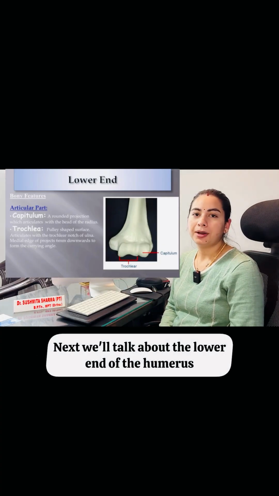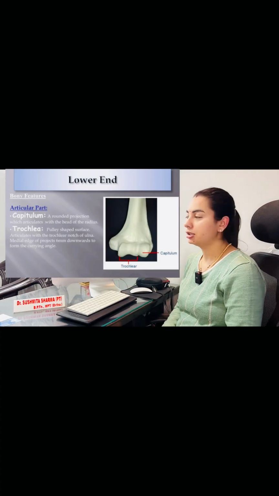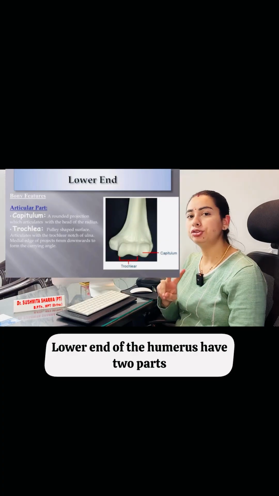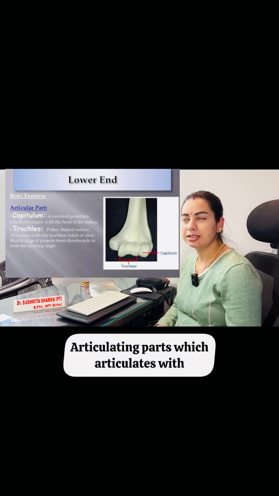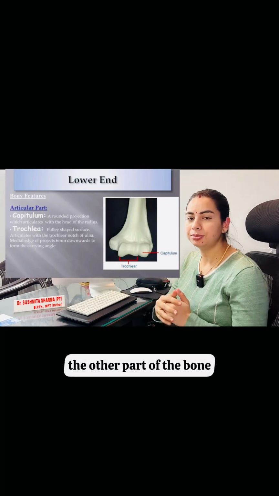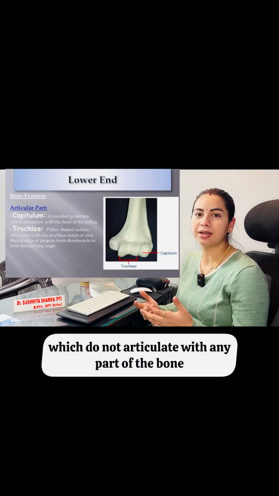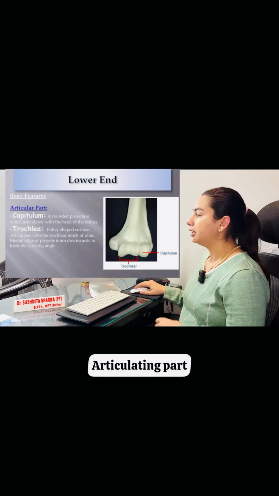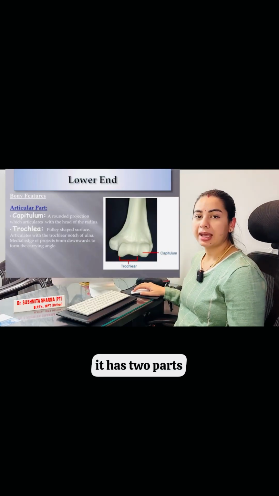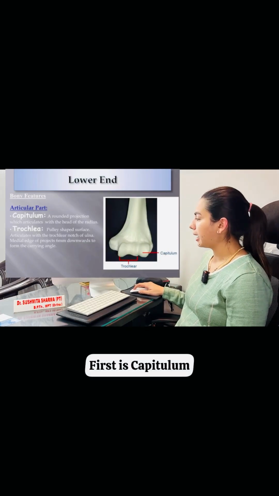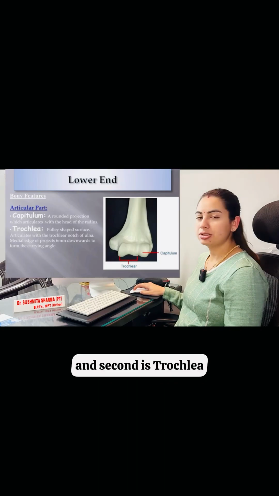Next, we'll talk about the lower end of the humerus. The lower end has two parts: articulating parts, which articulate with other bones, and non-articulating parts, which do not articulate with any bone. The articulating part has two parts: first is the capitulum and second is the trochlea.